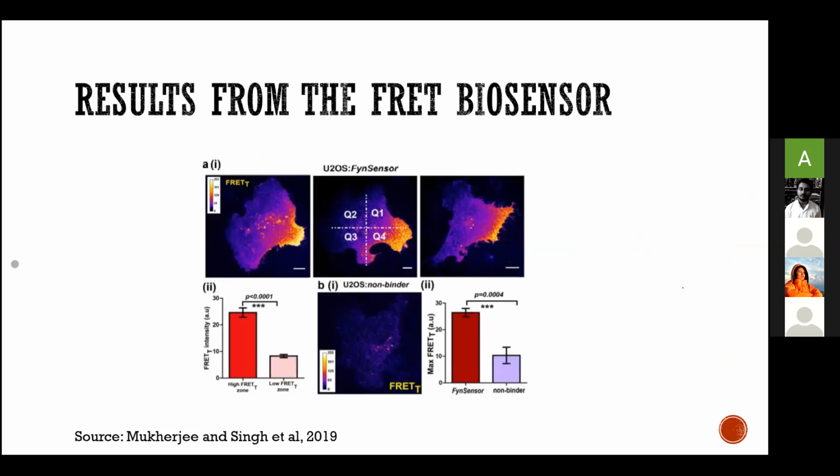So the lab majorly works on imaging. After you make a biosensor, you have to do as much imaging as you can, right? So that you have significant data to show that yes, this shows high FRET and in this case low FRET. So for that you need a lot of image processing.